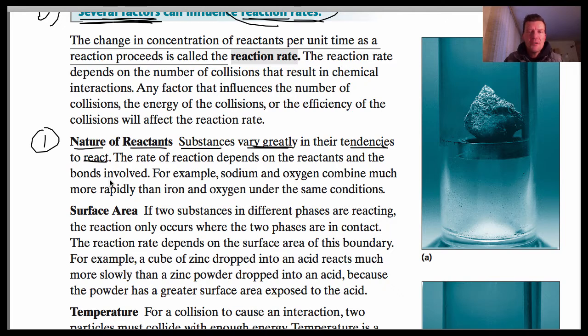They require a lot of energy to break bonds. Maybe the bonds initially are so strong that you just can't break them apart to form new substances and new products. Whatever the case, that might be a result just of the nature of the reactants in the potential chemical reaction.